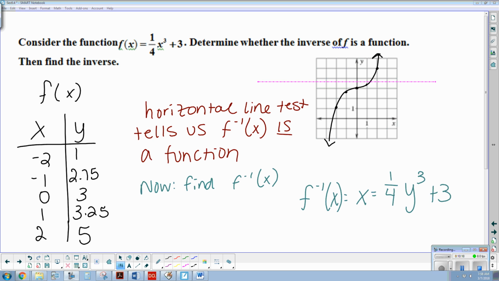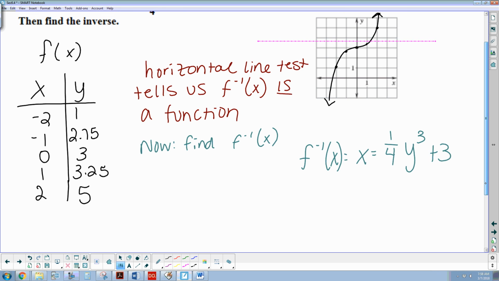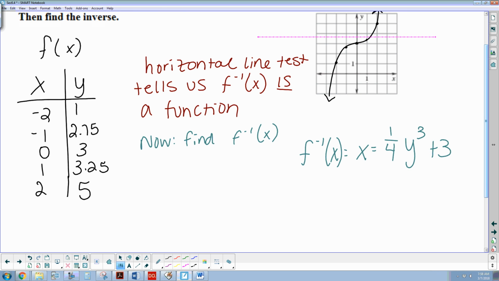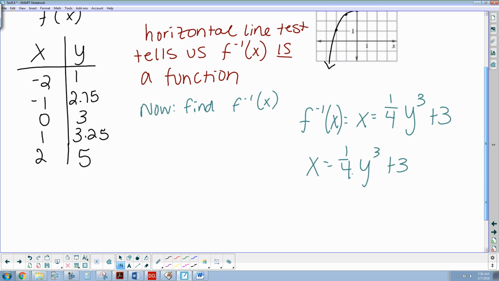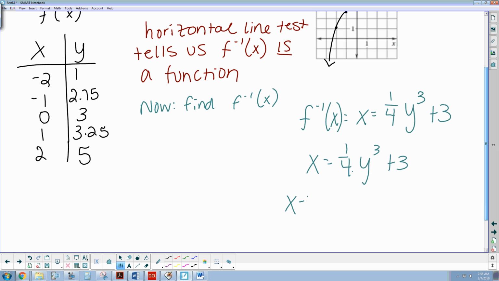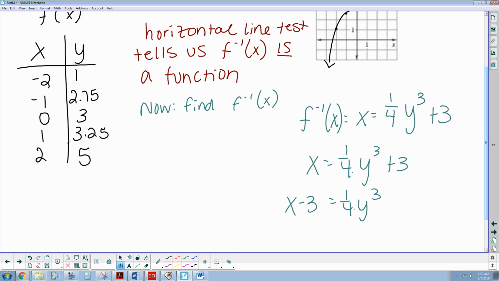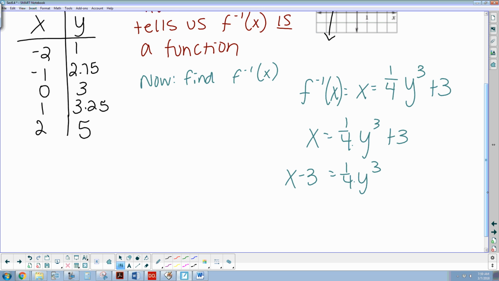Here's my inverse function, and now I need to solve for y. I have x equals 1/4 y cubed plus 3. I need to isolate my variable, so I'm going to subtract 3 from both sides, and I get x minus 3 equals 1/4 y cubed.